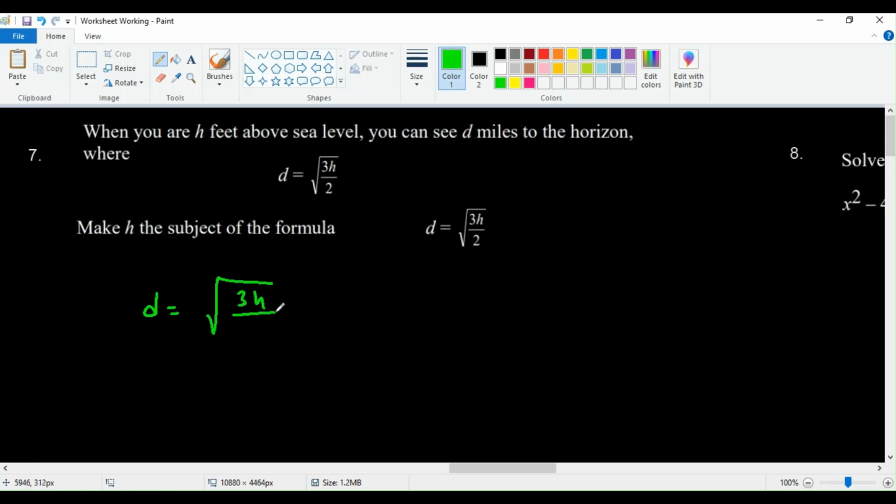3h over 2, squaring both sides, because square is the opposite of root. So it's going to be d square, and the root will be gone with squaring on both sides.